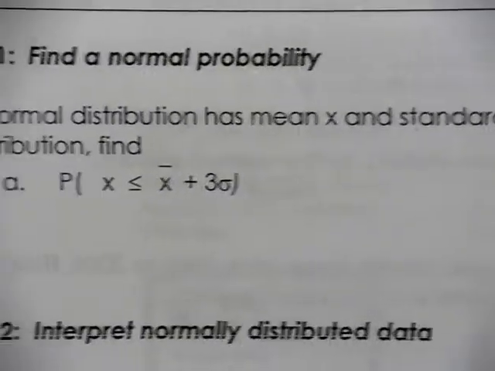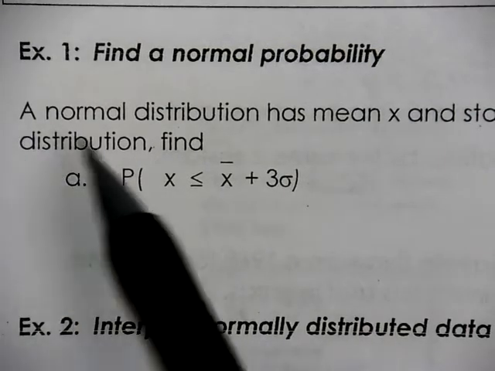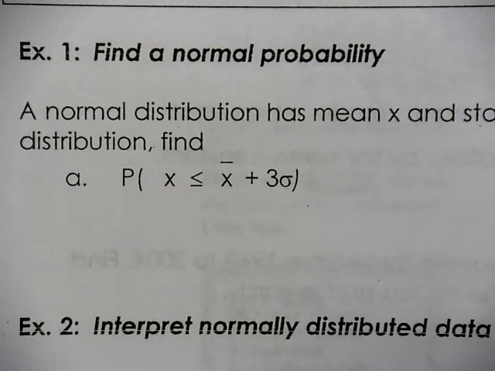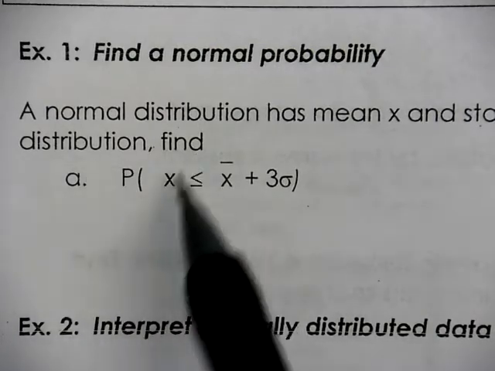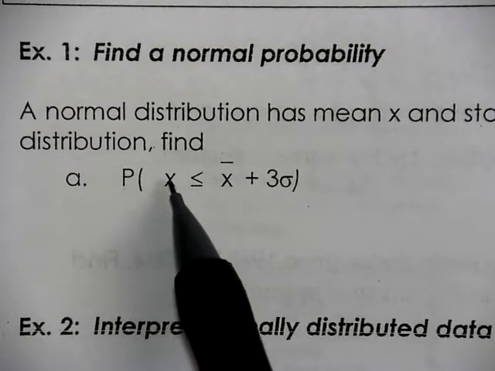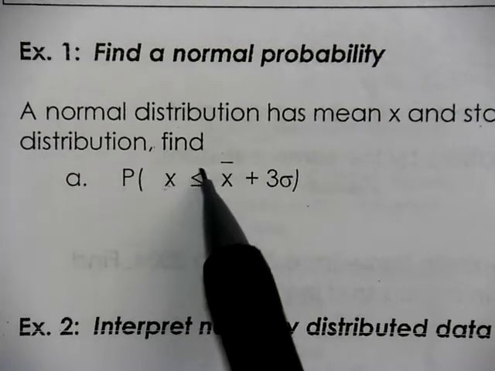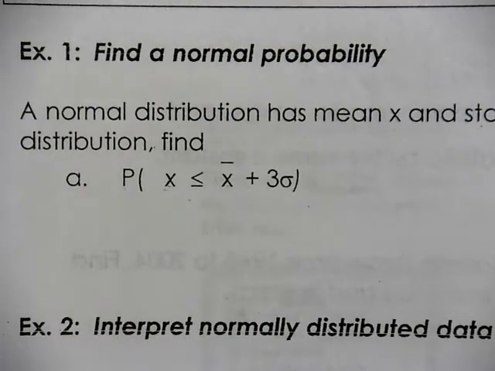So let's look at how we can use this. A normal distribution has a mean of x-bar and a standard deviation of sigma. For a randomly selected x value, find the probability that x is less than or equal to 3 standard deviations from the mean.